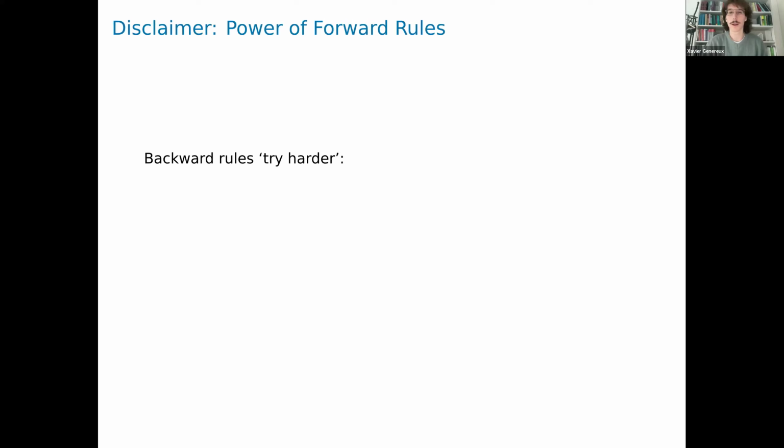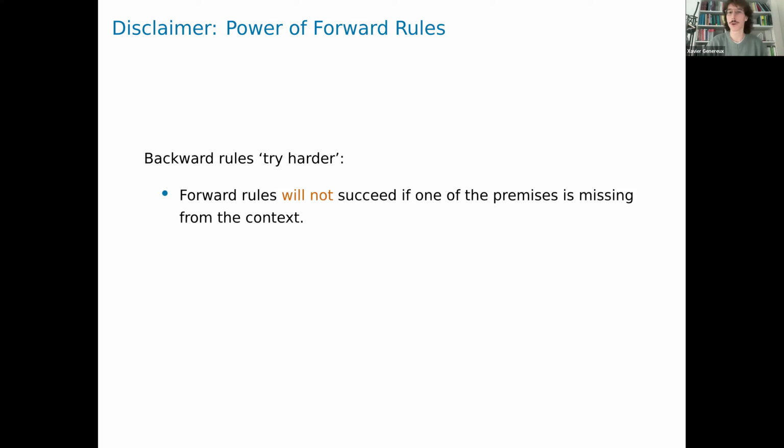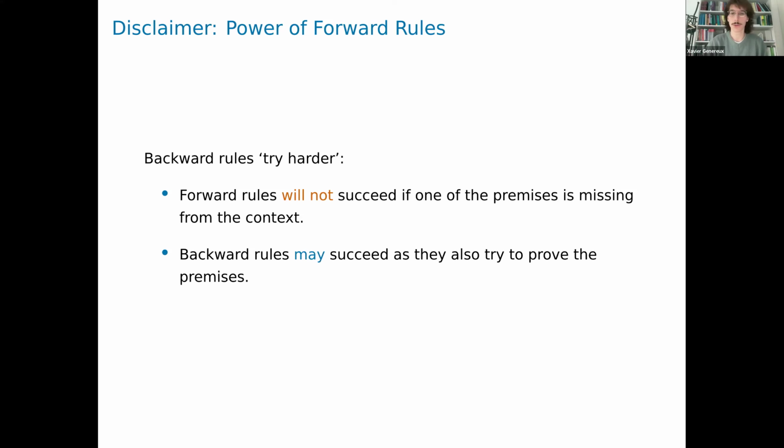And lastly, I want to end this intro with a disclaimer by saying that backwards rules try in some way harder. The thing is, a forward rule will never succeed if one of the premises of the rule is missing from the context. However, a backwards rule may succeed if it gets applied, because it will try recursively to prove the premises. So even in some cases, it can be interesting to try it as a backwards rule, even if you have more information in the premises.